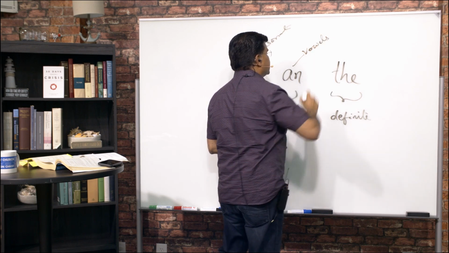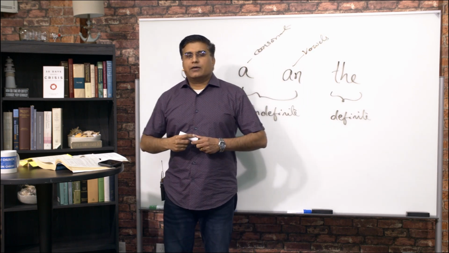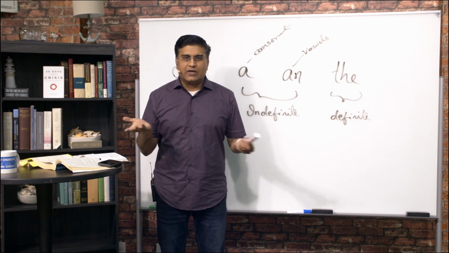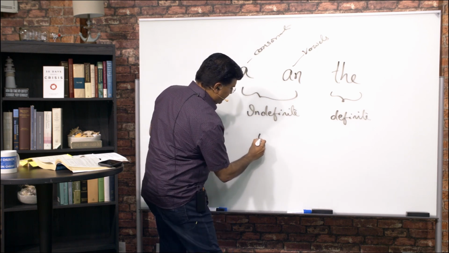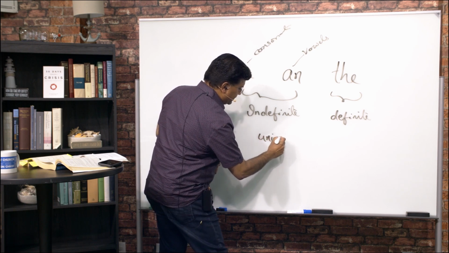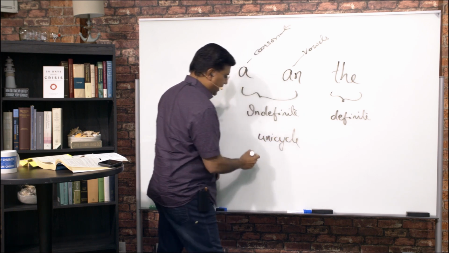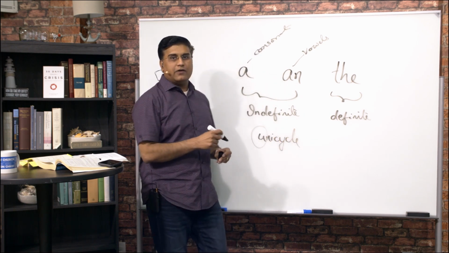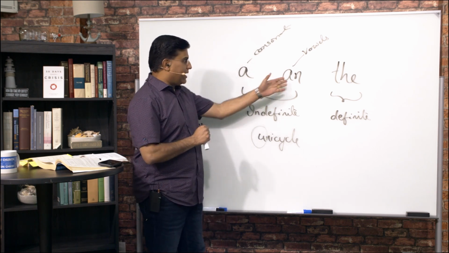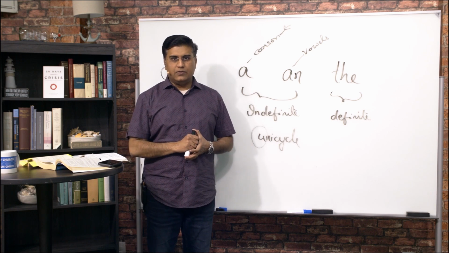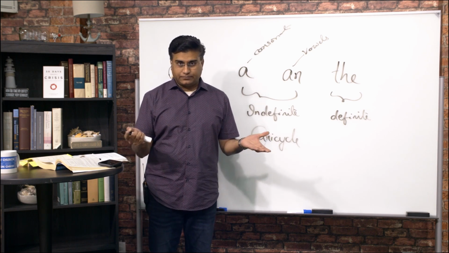There are sometimes words like, say, unicycle. U is a vowel, but you don't say an unicycle, you say a unicycle.